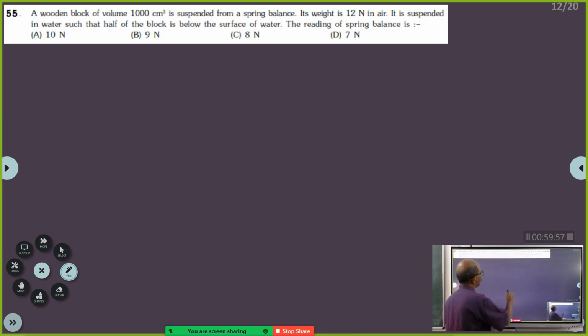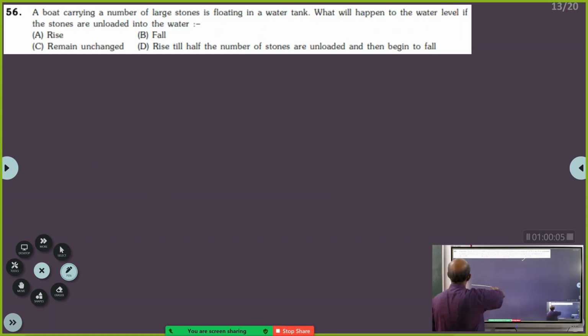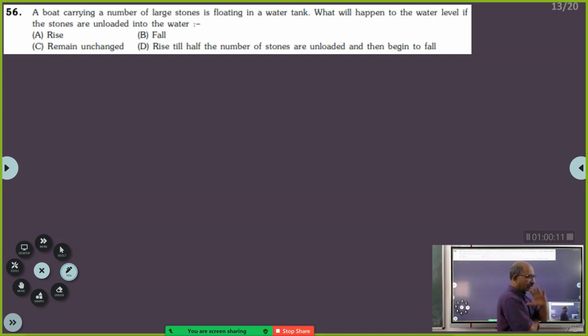So therefore, by oral calculation, you can get it as 7 newtons. Okay, fine. So you use logic and also science here. Wonderful problem.